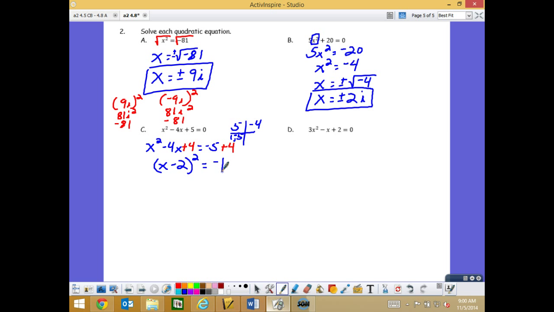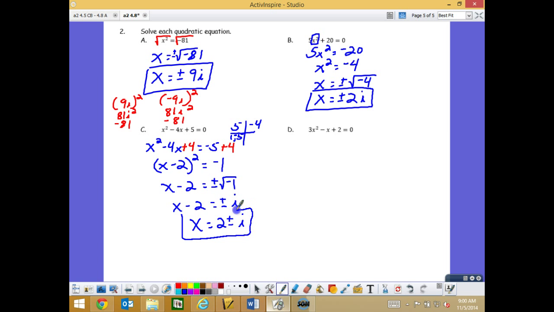Now we're ready to take the square root, so x minus 2 is equal to plus or minus the square root of negative 1. And the square root of 1 is 1, but since it's negative, it's 1i or just i. And then our last job is to get the x by itself by adding the 2. So x is equal to 2 plus or minus i.